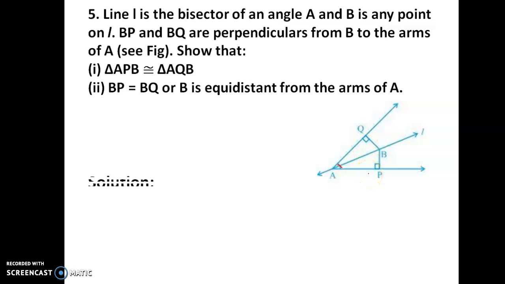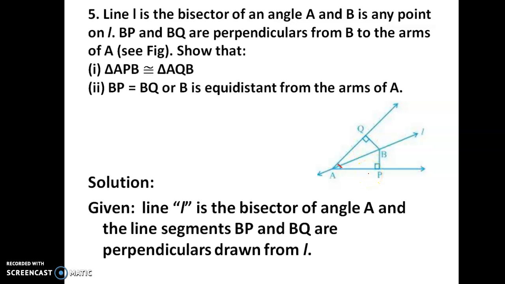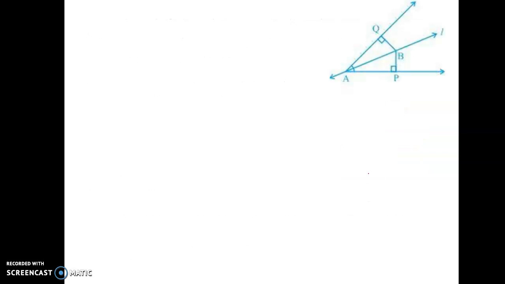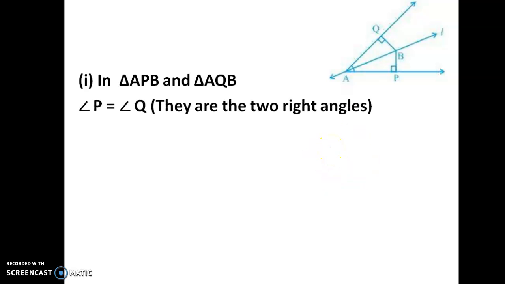Let's start. L is the bisector of angle A, and line segments BP and BQ are perpendiculars from B. Take these two triangles. In them, angle P is equal to angle Q. Why?